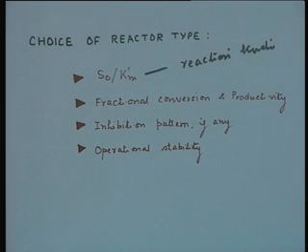Then we need to look at the effect of fractional conversion and productivity. What is a desirable feature, whether we are looking for high fractional conversion, which is the demand of the system, or high productivity depending on the nature of the product stream. Then we had to look also at the inhibition pattern, if any.